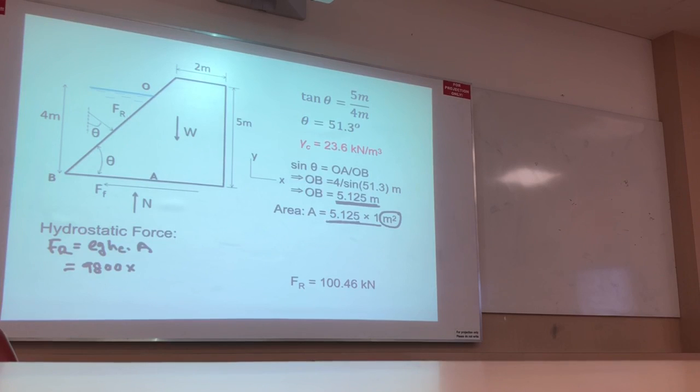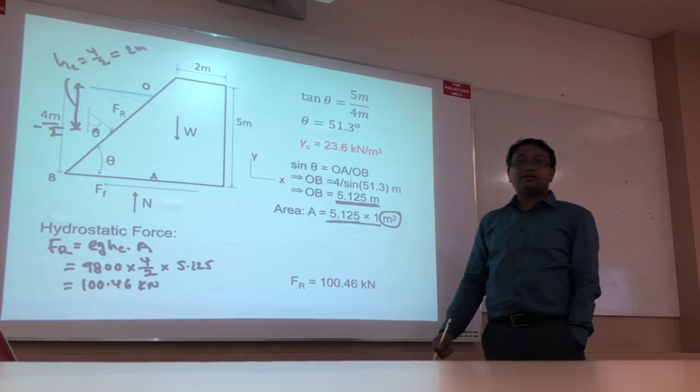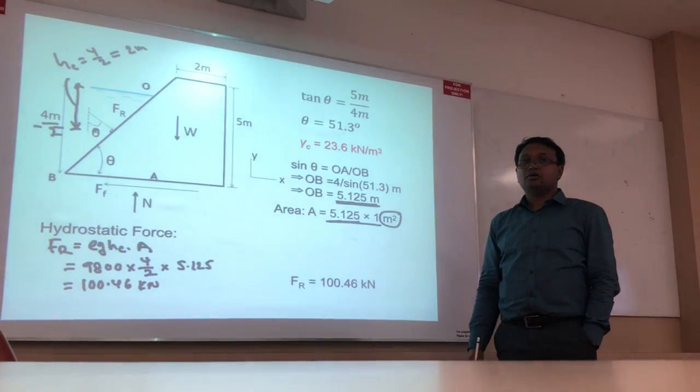What is Hc? 4 by 2, 2 meters, right? What is the area? 5.125. Then I get 10046 kilonewton. Right, done.